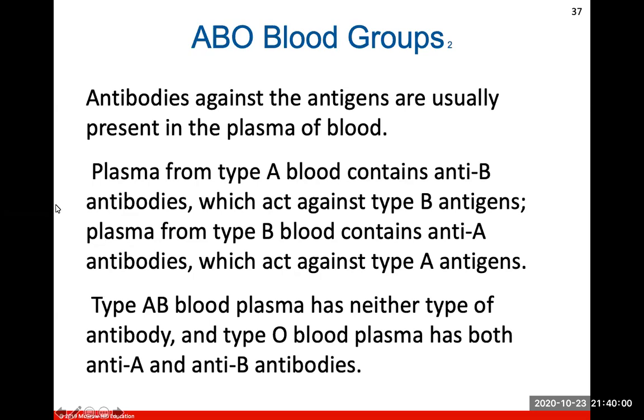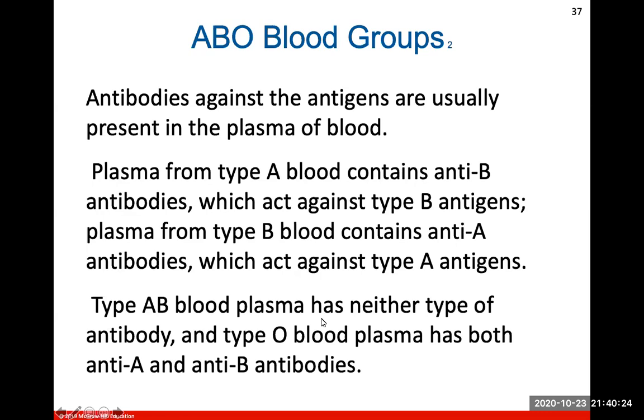They'll act against type B antigens. Plasma from type B blood contains anti-A antibodies, which act against type A antigens. And that's because your blood just wants to interact with the same type of cells with the same types of antigens. So, you will have antibodies against opposite antigens in your blood plasma.